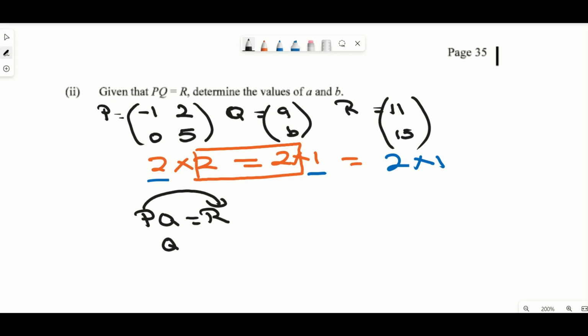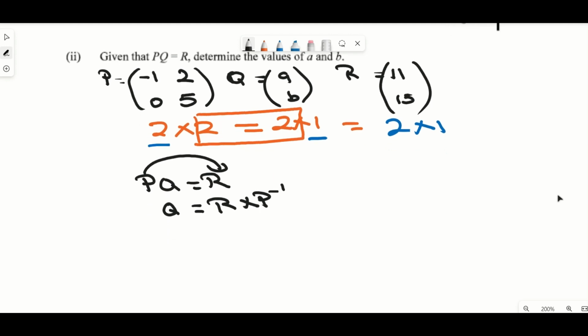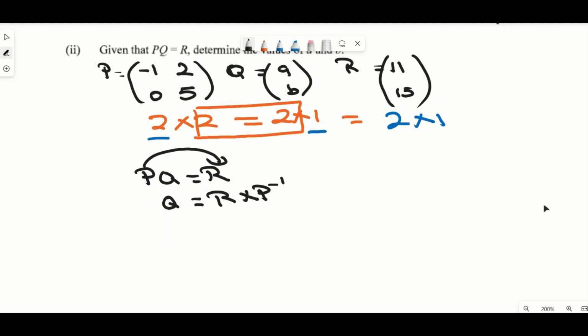We cannot divide matrices. So instead of saying divide by matrices, we say R multiplied by the P inverse.